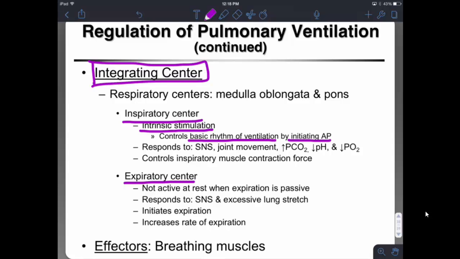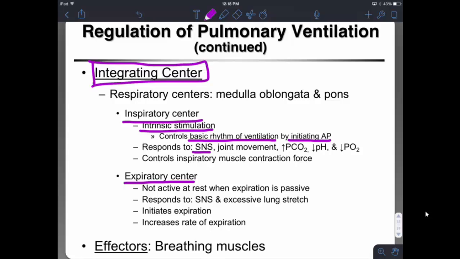The inspiratory center has this basic rhythm, but it also responds to changes, and those changes can come from the SNS. When you start to exercise, you get more SNS action potentials at the inspiratory center, and this is going to increase the breathing rate.